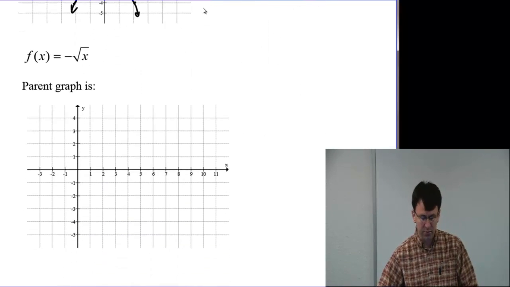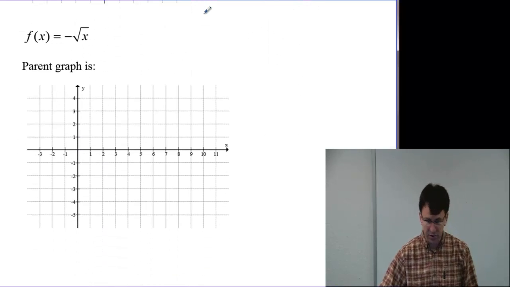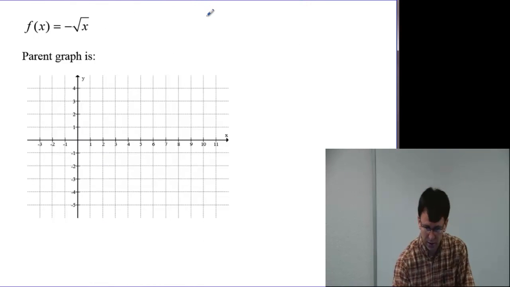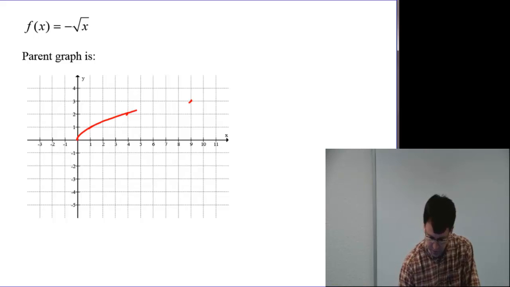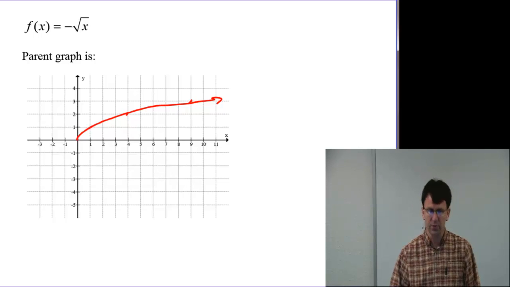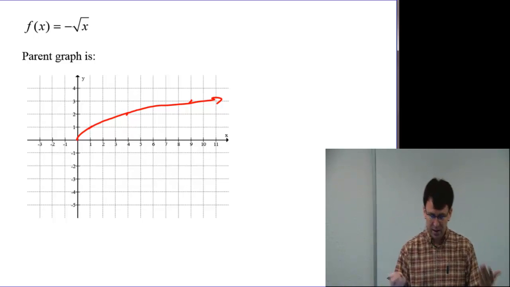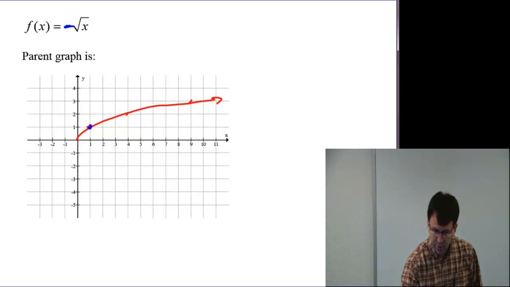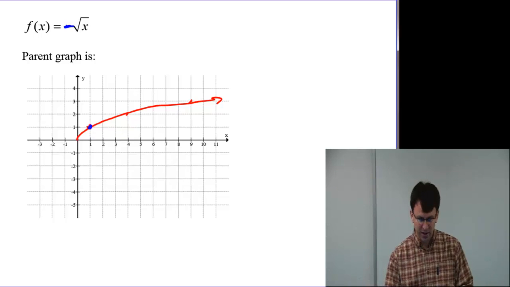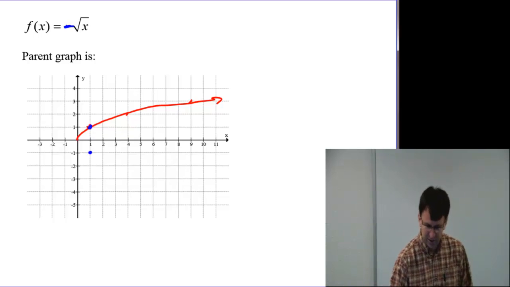Okay, coming on down to applying this to another function. Again, my parent graph could have been, we've seen this a couple times now, our square root function. That's what the square root of x looks like. Now, if I had an output that was here, but then I apply that negative after I've taken the square root, I'm just going to get this result.